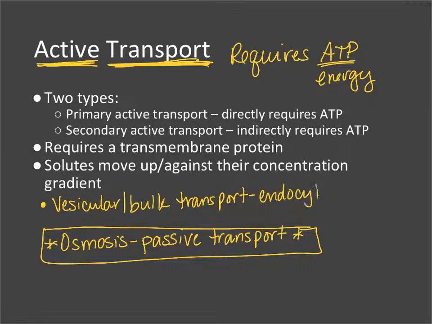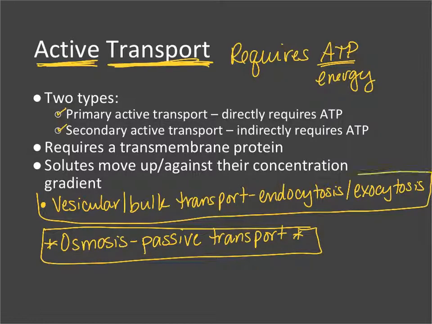But it's also its own kind of process or mechanism. So we look at active transport primarily looking at these two types first, and then we'll talk about how vesicular transport is its own thing, just like osmosis is.